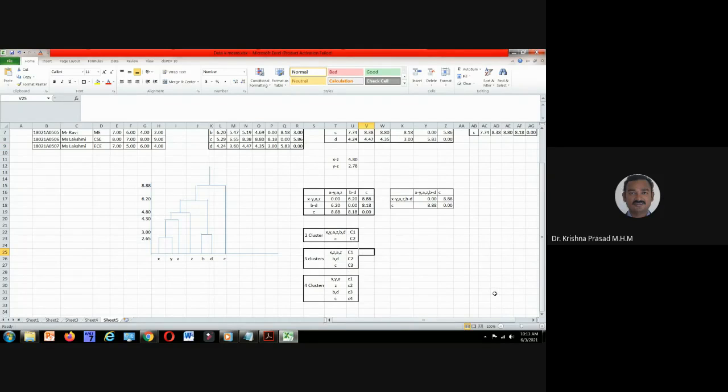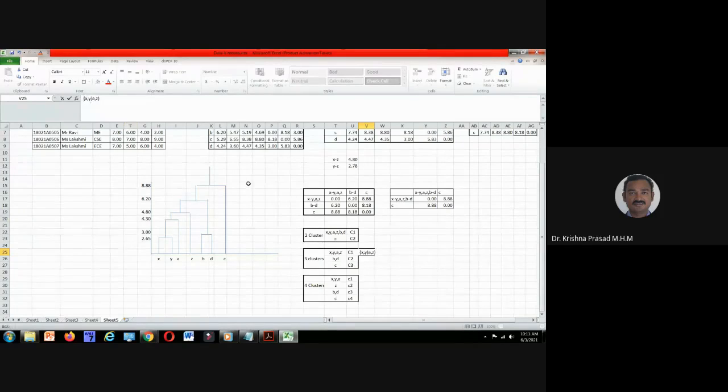Sorry, this is not Z, this is Y. If you ask me for the nested formation, I can represent it like this: X, comma, Y is first formed. Please see, X, Y were first formed. Then what object is joined? A is joined, then Z is joined, like this.